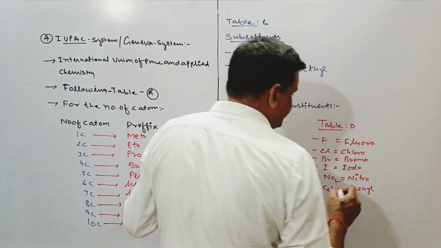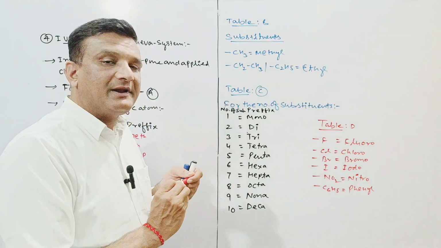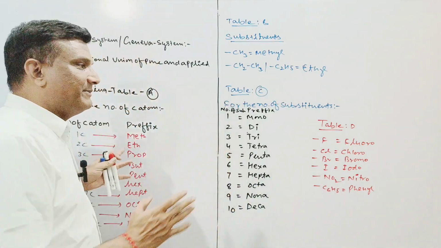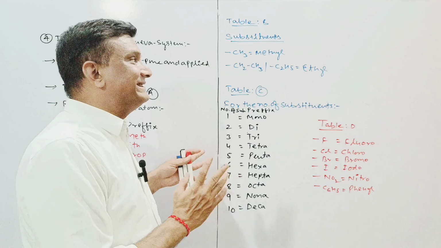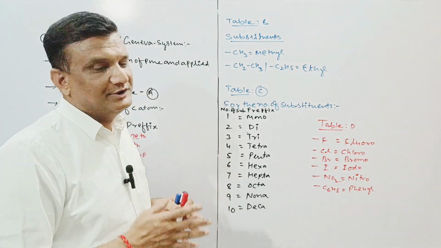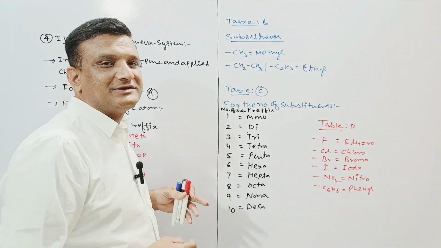These are the substituents regarding table number D. These 4 tables should be in your mind. Without learning these tables, you can't do the nomenclature. So be with me. I'll go with the simplest system.